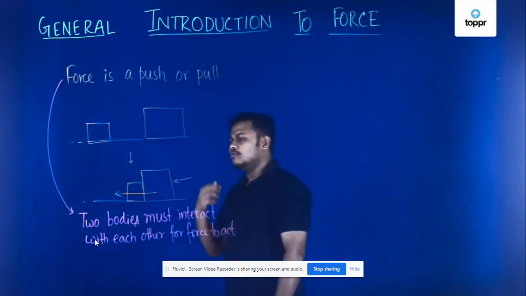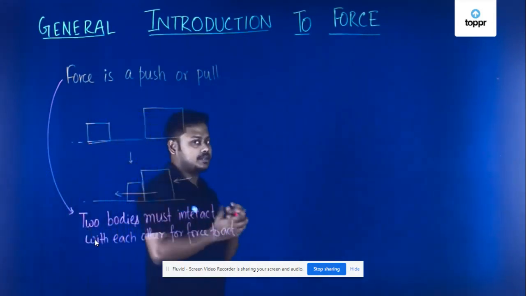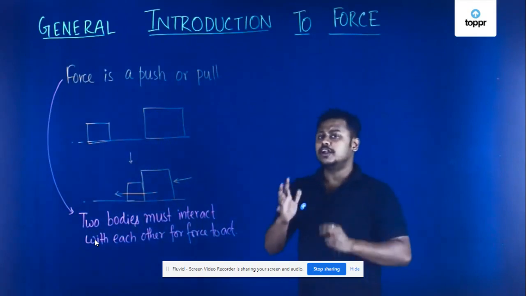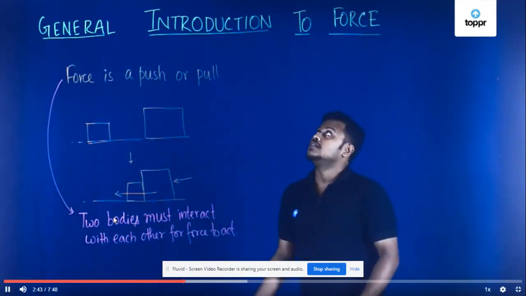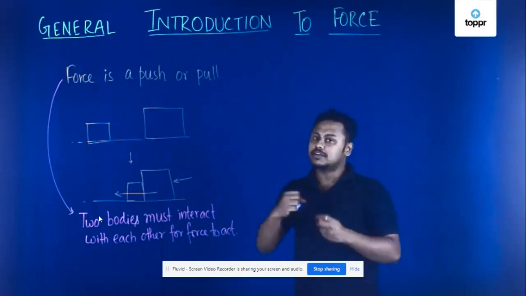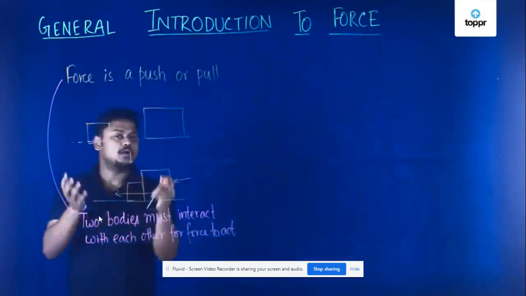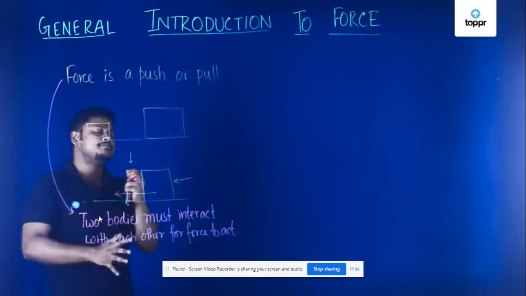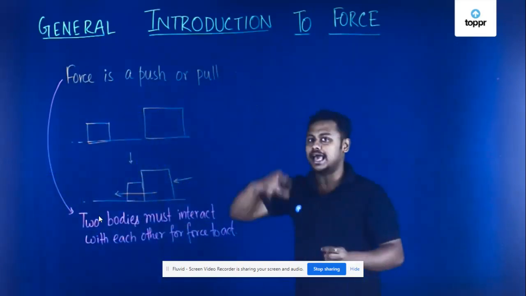Now it is not always necessary that two bodies be in contact with each other, right? For example, in the case of gravitational force, if I throw a ball up in the air, it will come back by the effect of gravitational force. The earth and the ball are not in contact, but still there is a force acting between the ball and earth.